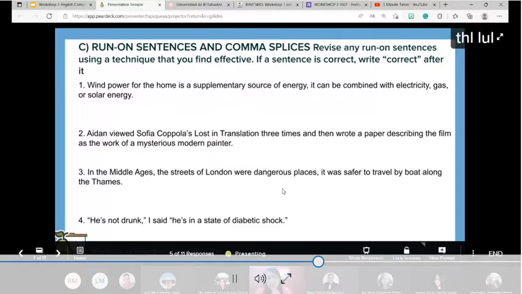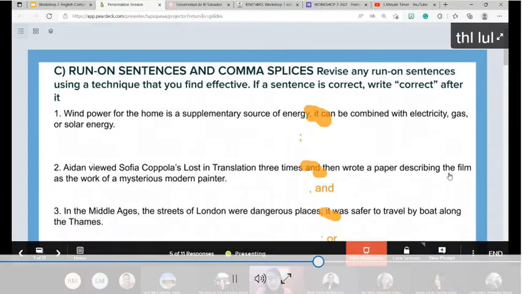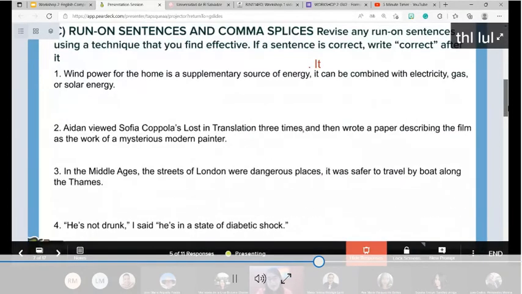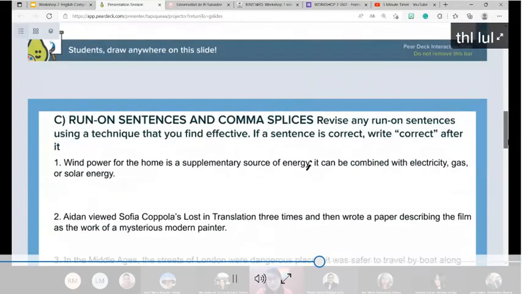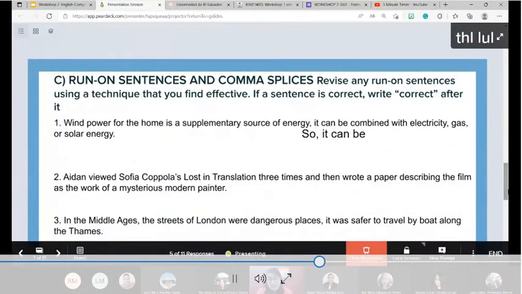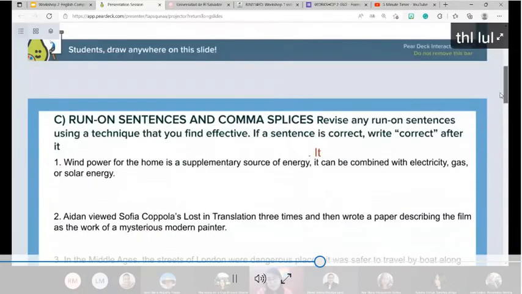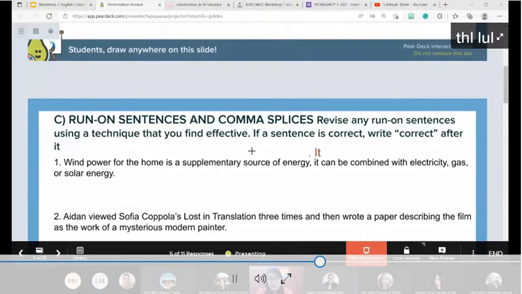So if someone is fixing it, a period, it can be combined. We can also say that it can be combined and delete the comma on the number 1. Here on number 2, we can say that it's correct.